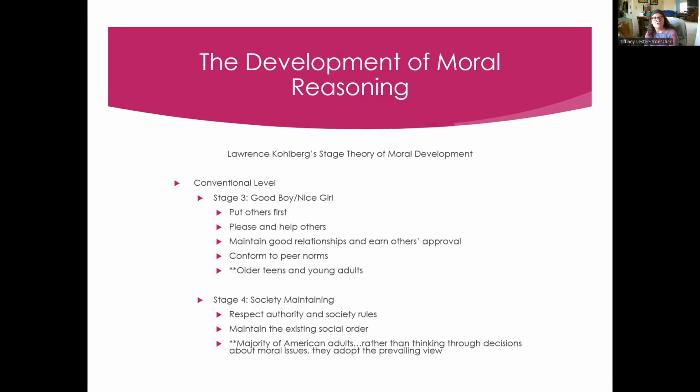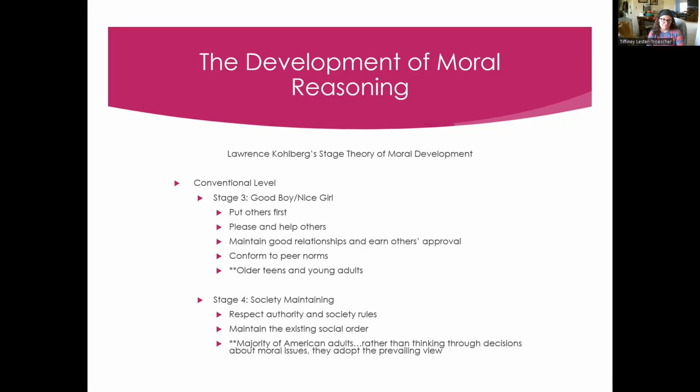We conform to peer norms. So when we say that we put others first, we're not necessarily meaning that we are self-sacrificing at this stage. It's that we're not looking internally, right? This is where we are as older teens and young adults, seeking the approval of others.